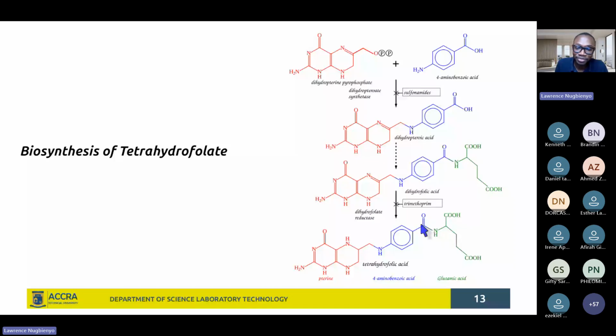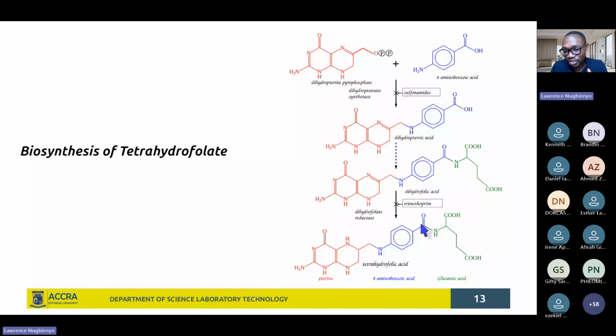We saw tetrahydrofolate as one of the coenzymes, one of the vitamin Bs, what we refer to commonly as folic acid. You remember very well. So we have tetrahydrofolate that is synthesized in the body. So you have biosynthesis of tetrahydrofolate.